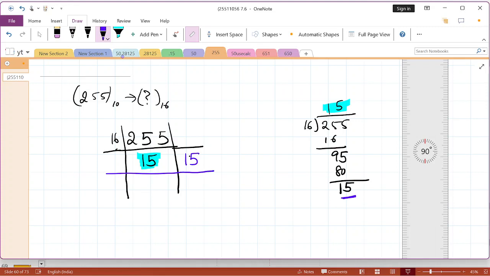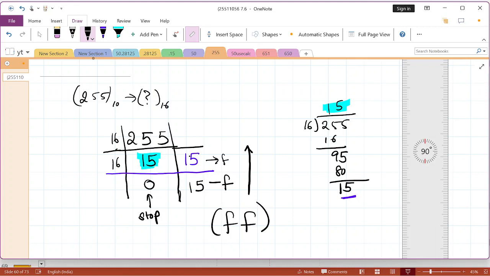Now we will continue dividing till we reach 0. So 15 divided by 16, so this will become 0, and this 15 will become the remainder. So here we will stop, and we will read from bottom to top. But first I need to convert them into their hexa equivalent. So this is F and this is also F. So the answer will be FF.